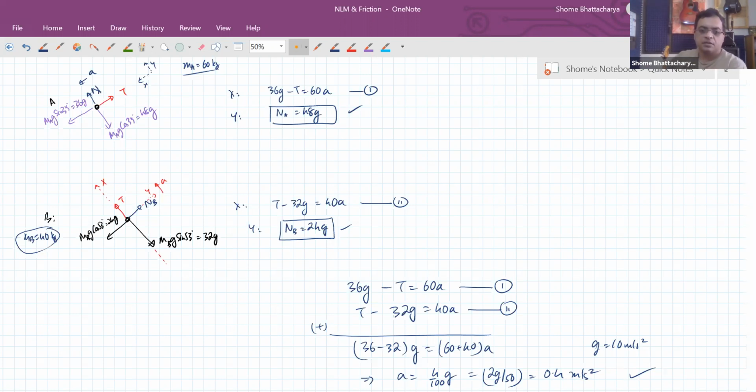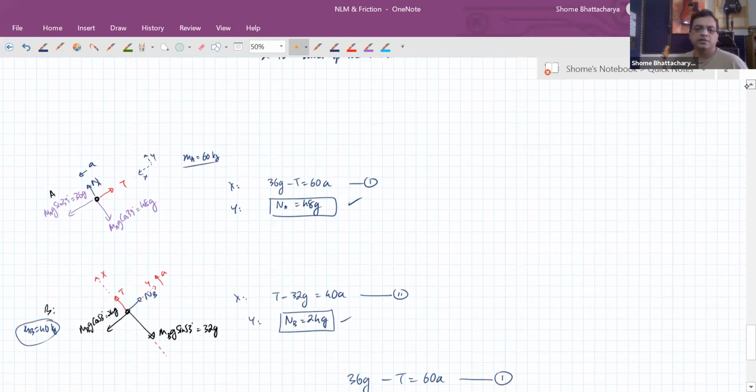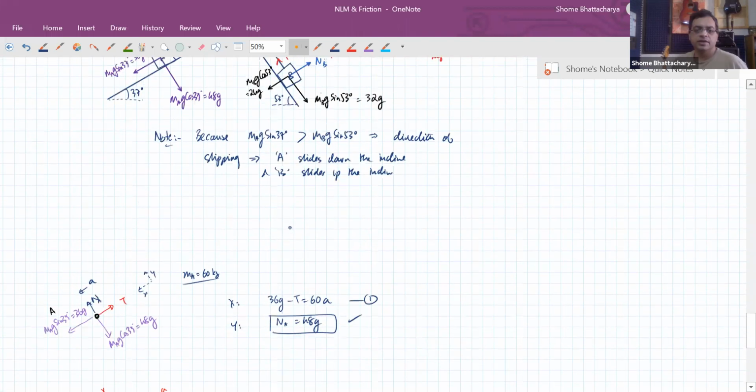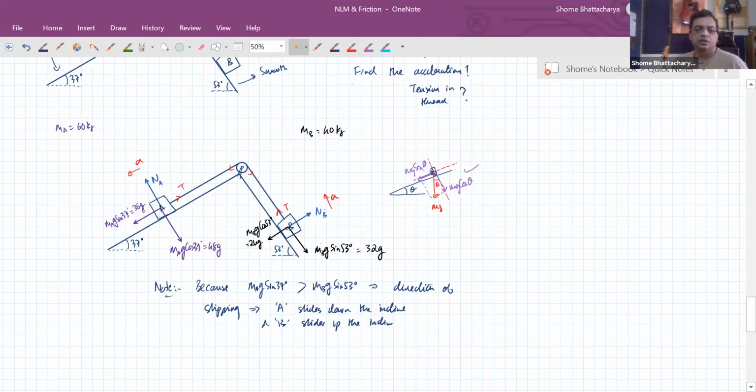Now over time you will get more practiced with this kind of thing. Once you get practiced with this type of question, you will not need to write so much. You will look at this free body diagram and immediately understand that if you take this whole thing as a system, then the acceleration of the system will be this force minus this force, divided by the sum of inertia of this block, 60 kg, plus inertia of this block.